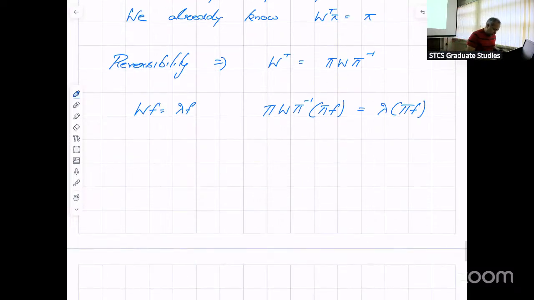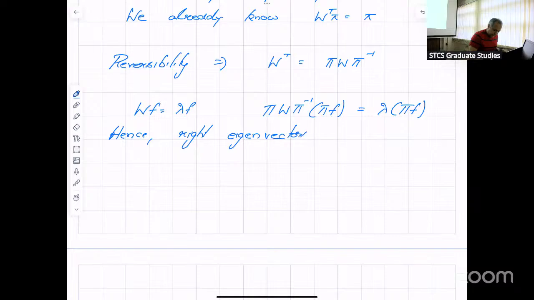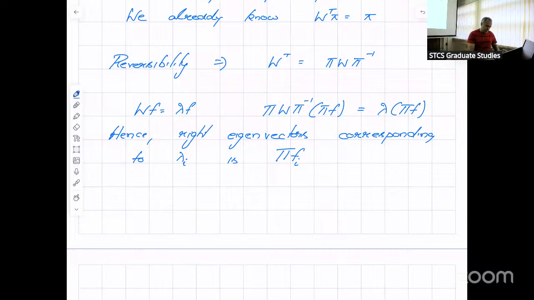The right eigenvector corresponding to lambda I is pi F. And of course, pi of F1, which is pi of the all ones, is the vector pi.